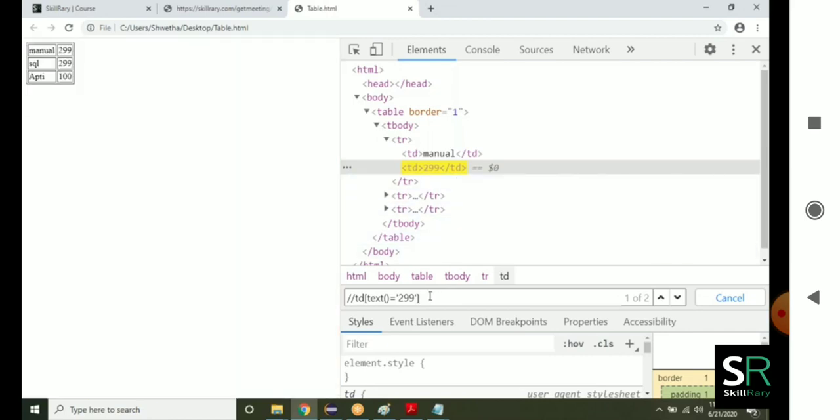One more solution I told you yesterday. You can use it like this: /TR of 1, /TD of 2. This is what we have written. See here, what it is identifying: instead of identifying the price of SQL, it is identifying the price of the manual.